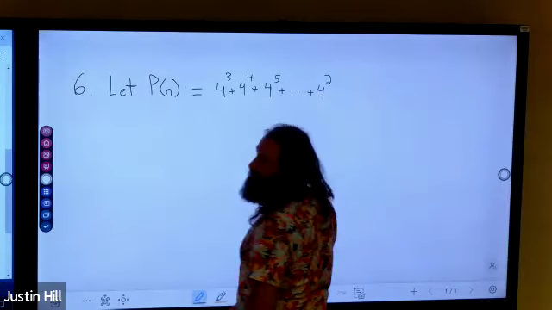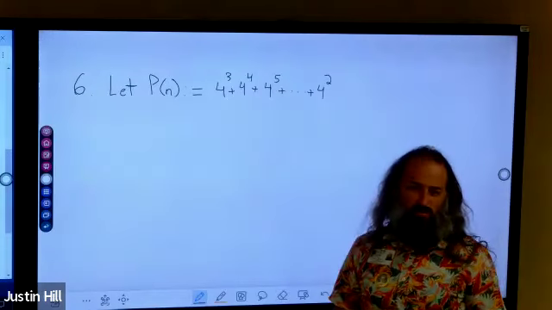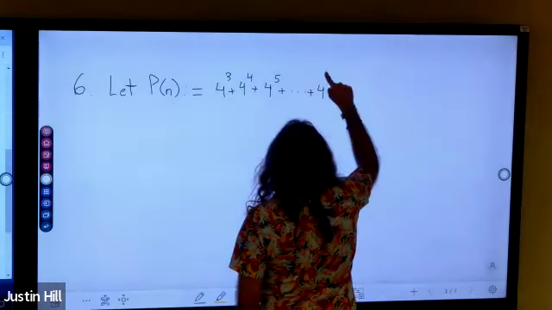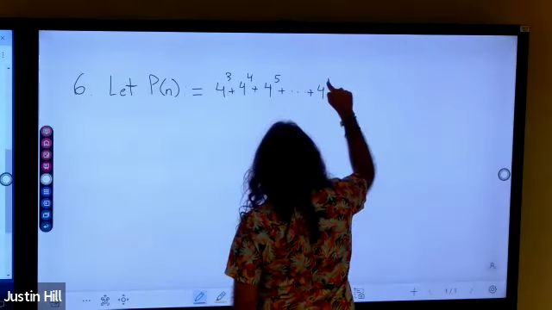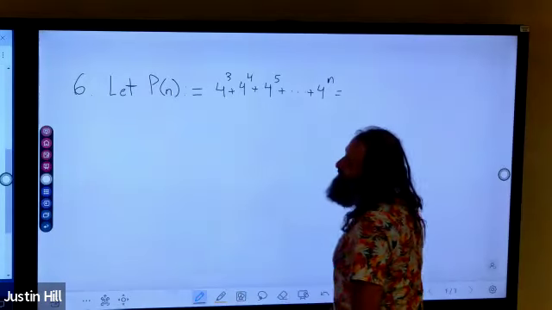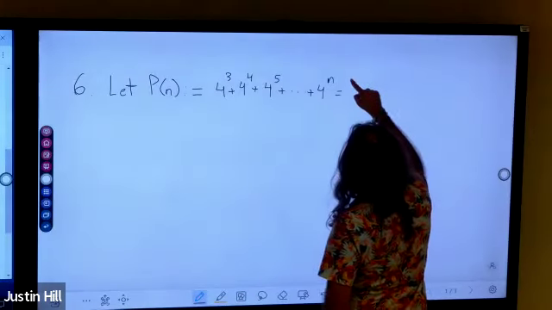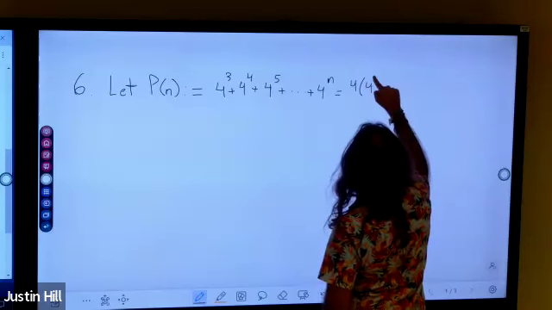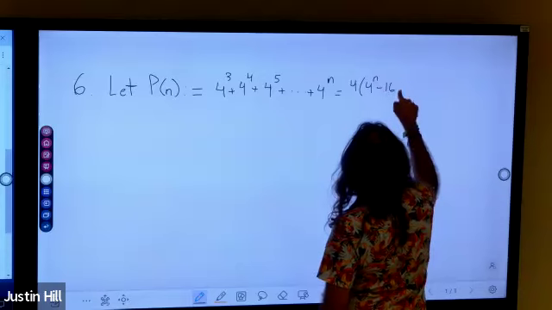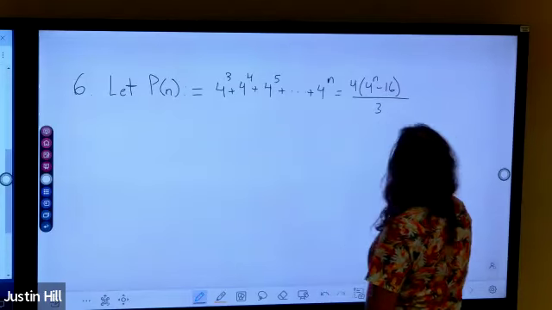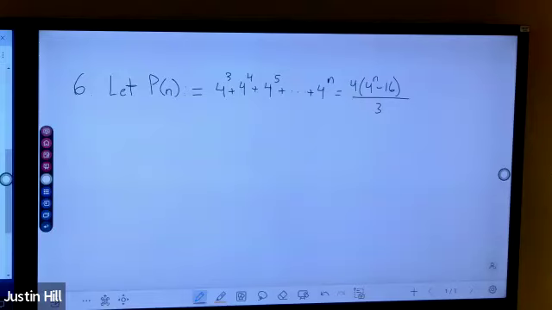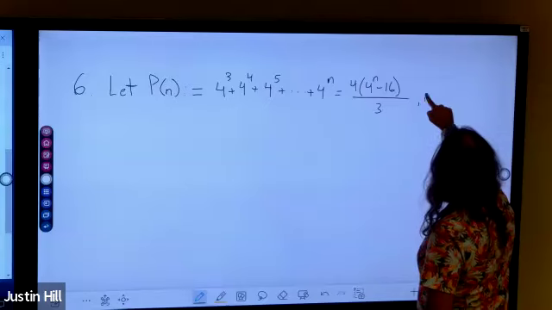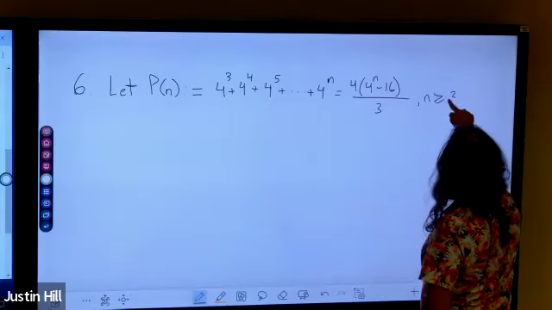So basically I'm adding up the powers of 4, starting at 3 all the way up to whatever n is. And if I do that, the claim is that number is exactly 4 times 4 to the n minus 16, divided by 3. So that'll be my statement for P of n, n greater than or equal to 3.